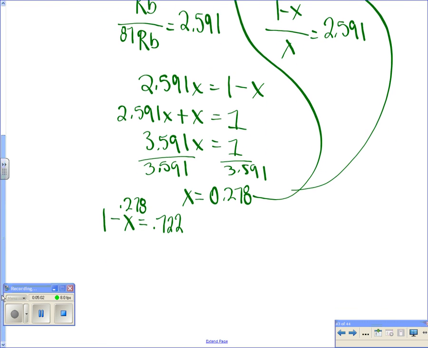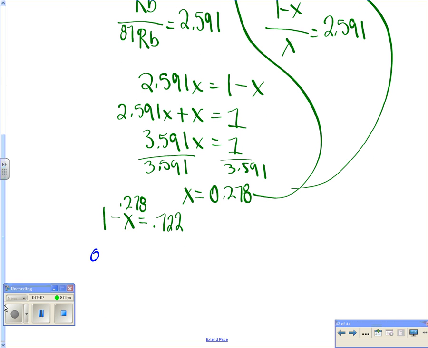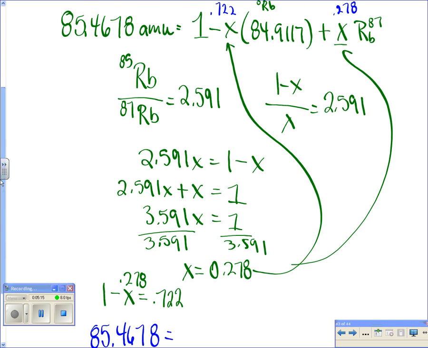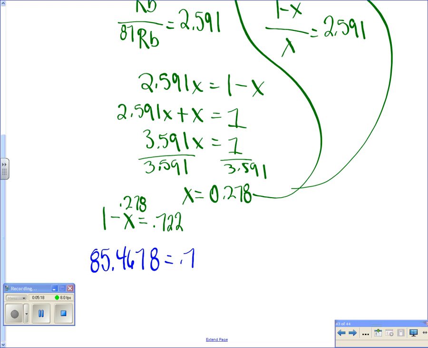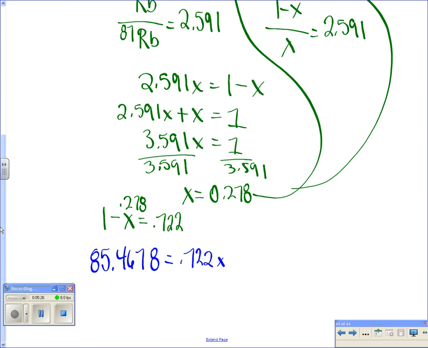So let's rewrite this. 85.4678 equals 0.722 times the mass of rubidium-85, which was 84.9117, plus 0.278 times rubidium-87, which I don't know.